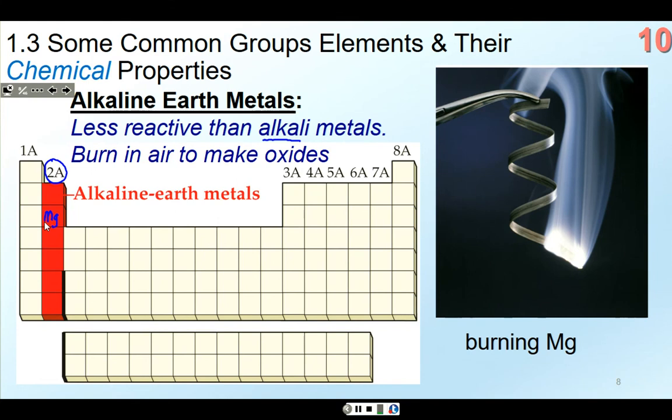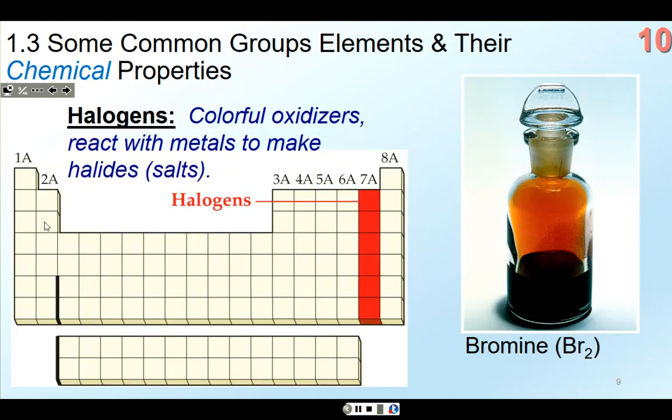Groups are always vertical. The halogens are the next named group, and that is group 7A; otherwise, on the numbering of 1 to 18, it is sometimes listed as 17. The halogens are very colorful and oxidizing. In other words, they can be somewhat hazardous. Because of that, they're seldom found in their pure forms, and they react readily with metals to make things like halides.